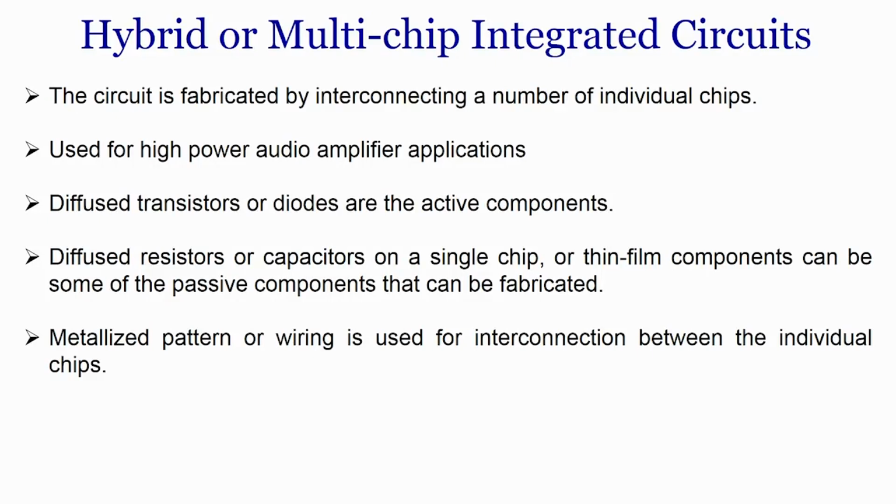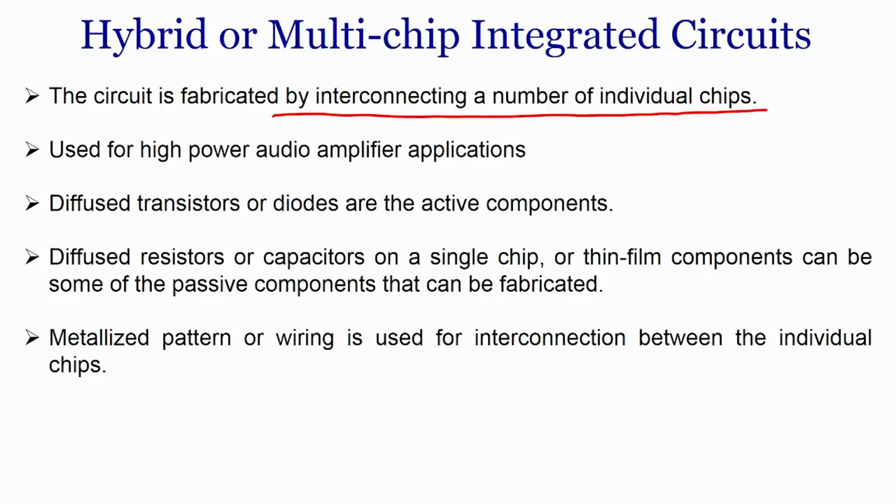This is the advantage actually: the interconnection of a number of individual chips is the advantage of multi-chip integrated circuits. This is used for high power audio amplifier applications. It is used for high power audio amplifier applications.